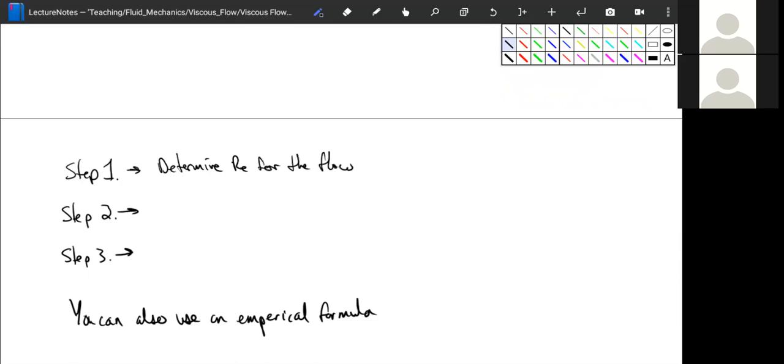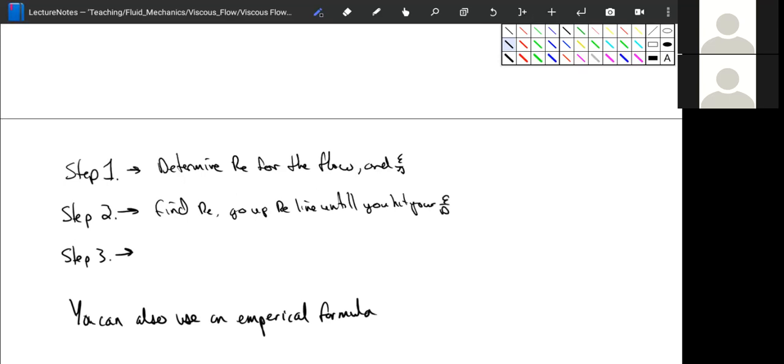And then you're going to go up, determine the Reynolds number for the flow and E over D. You need both of these in order to find this. Then you're going to find your Reynolds number and go up the Reynolds number line until you hit your E over D line.